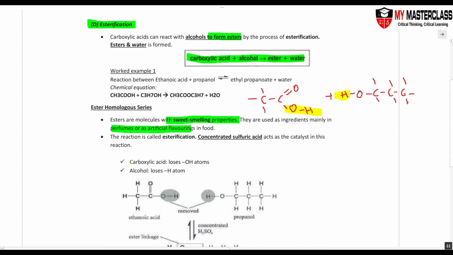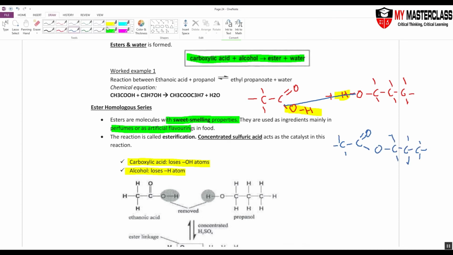The OH from your carboxyl group and the H from your hydroxyl group will be lost in a dehydration reaction. So repeat here: your carboxylic acid will lose the OH, your alcohol will lose the H. When it loses the H, this bond over here will go and join directly to the remaining bond here. So you will form an ester with a formula that looks like this. I am just joining everything up.